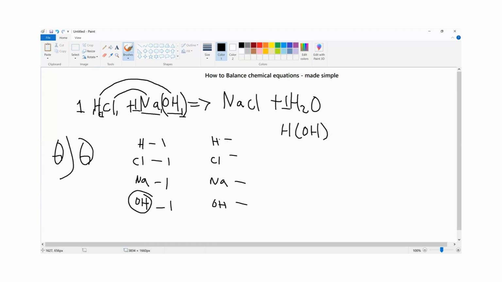For water, we have 1 hydrogen, and we have 1 chlorine, 1 sodium, and 1 hydroxide. And you can tell this is balanced.